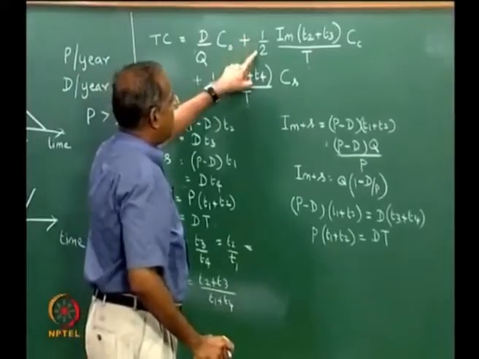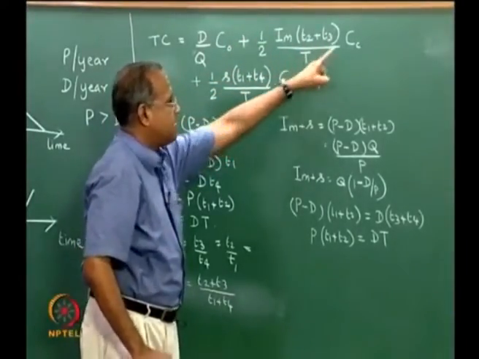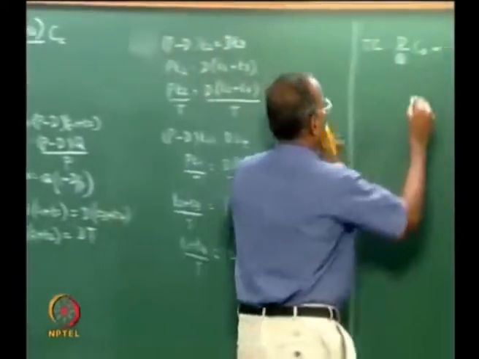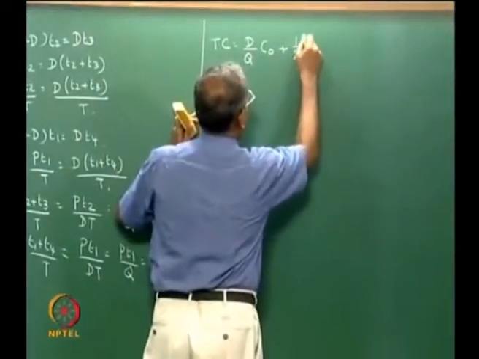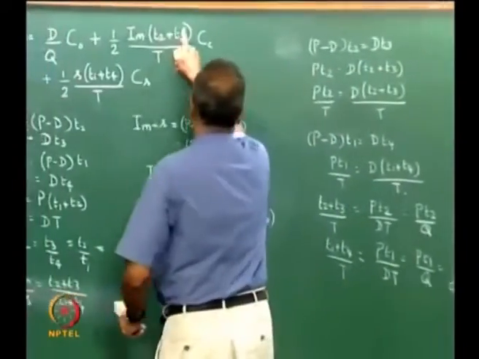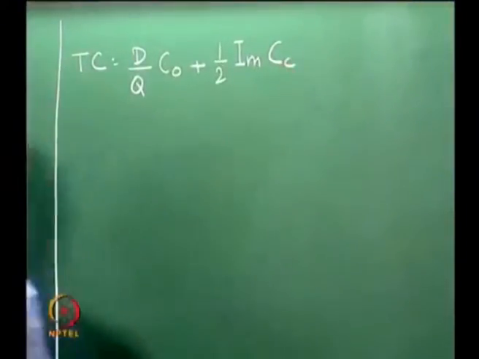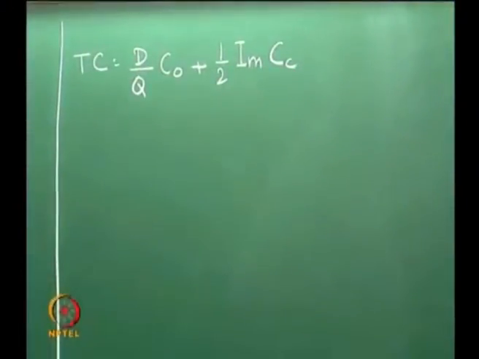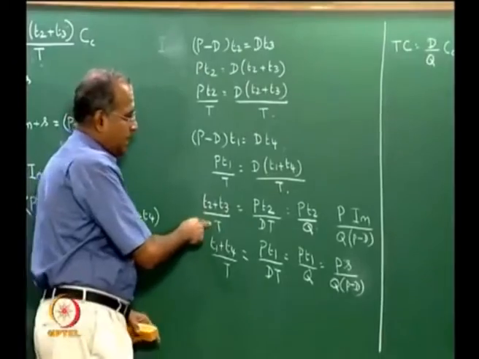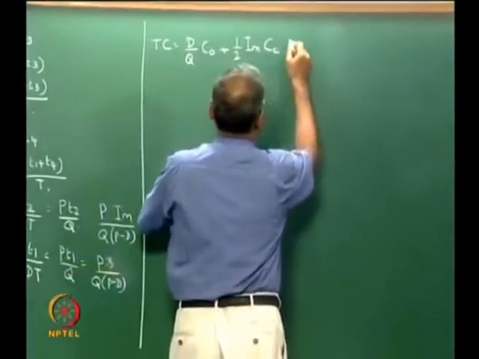Then we have half into Im into (T2 plus T3) by T into Cc, which is P Im by Q into P minus D.